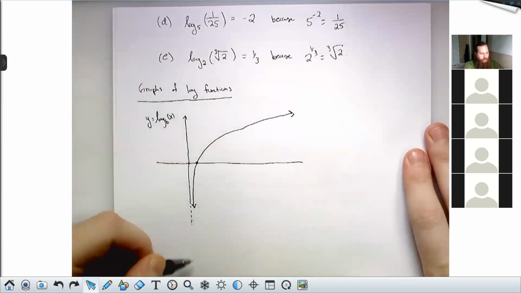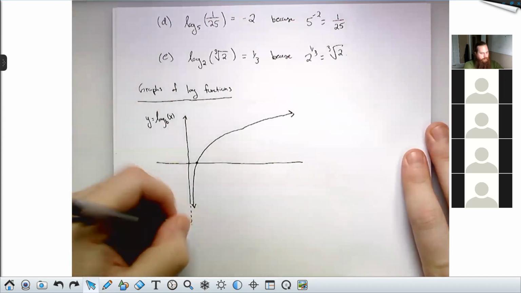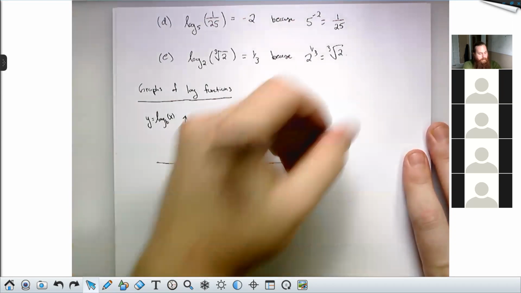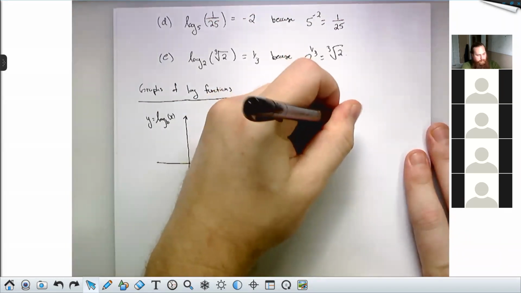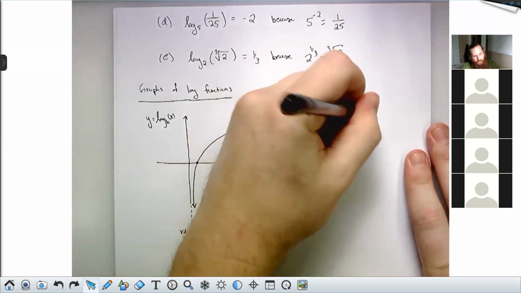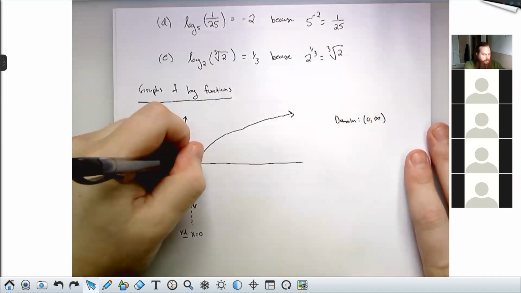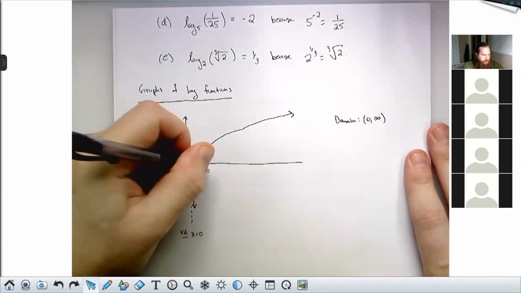You always have this vertical asymptote at x equals 0. The domain is always just the positive real numbers. You always go through this point, 1, 0.